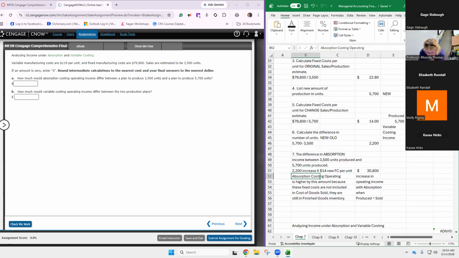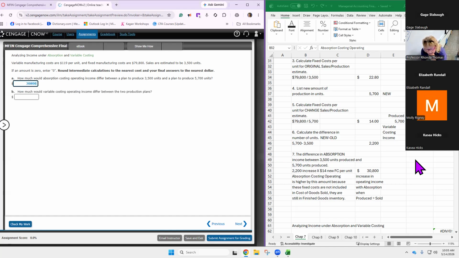And if you don't understand, hang in there. So with absorption costing, the fact that our units have changed is how you figure out how much extra income you'll have. You do this math right here. So the answer is an additional income amount of 30,800.